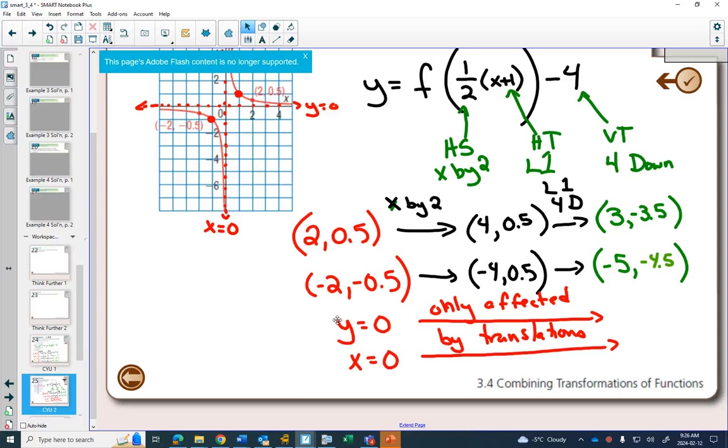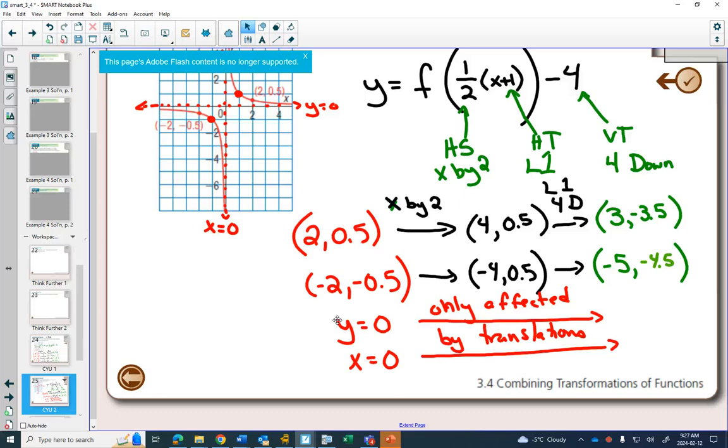Like we have x by 2. You could go to your x1, which is at 0, and multiply it by 2. What's 0 times 2? 0. So if you have asymptotes at 0, they are not going to be affected by multiplying. They will only be affected by translations.